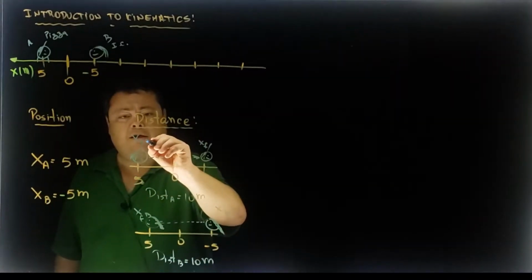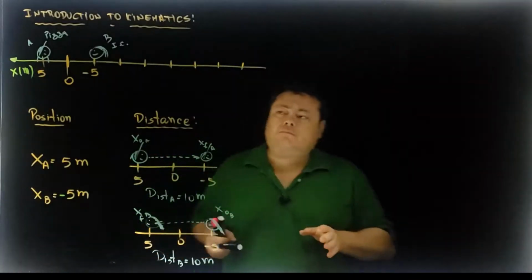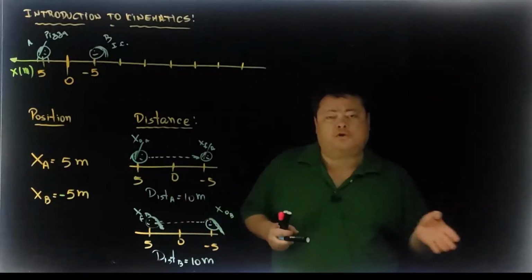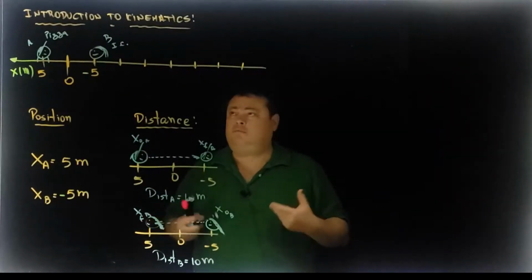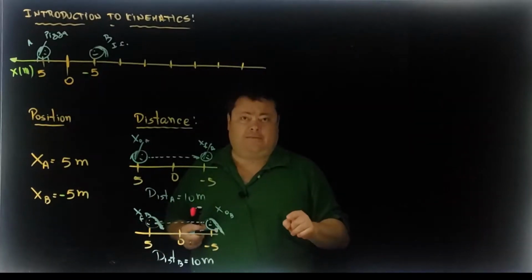X naught A, and then x final A. And that's right. I mean, if he walks towards her, she walks towards him, the distance traveled will be the same. But the outcome is not the same.